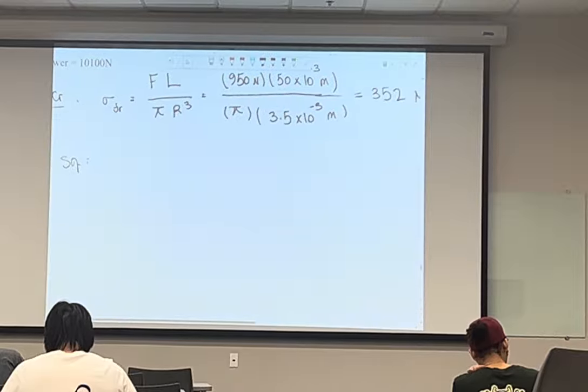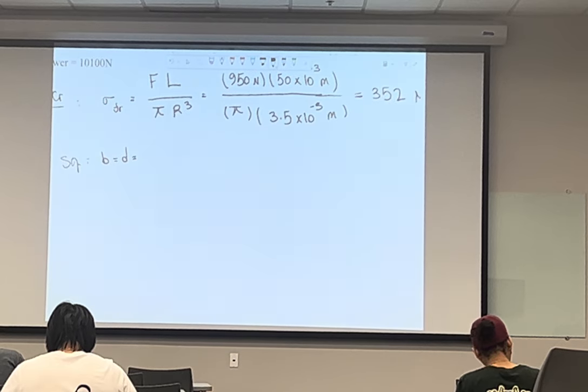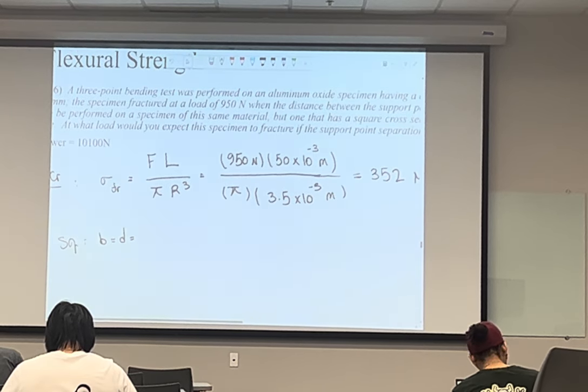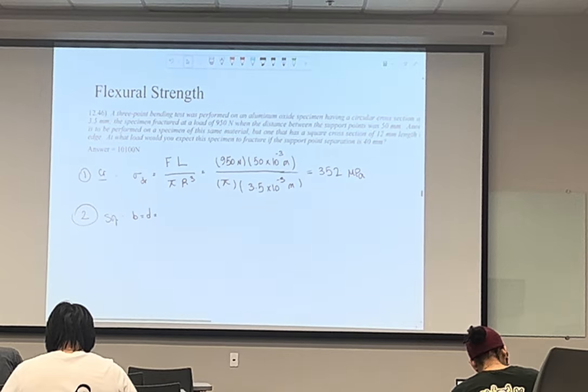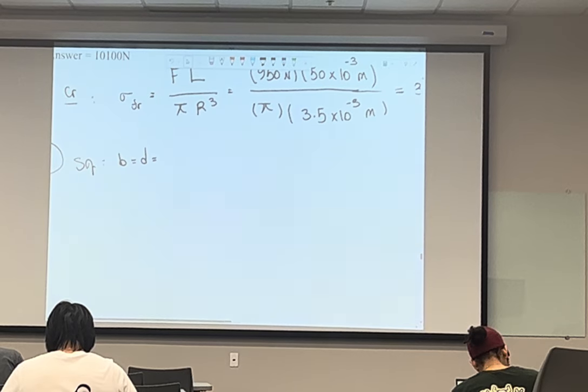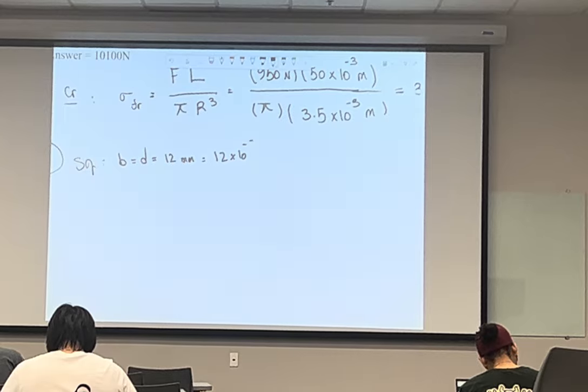Since it is square, B and D are going to be equal to the given length, which was 12 millimeters, so 12 times 10 to the minus 3 meter.